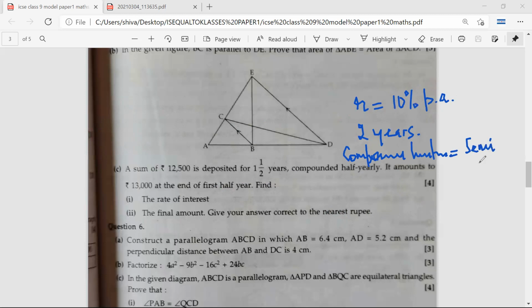See, the logic is very simple. If I take R to be 10% per annum, let me take 2 years. The compounding interval is semi-annual. So in 2 years, how many intervals would there be?